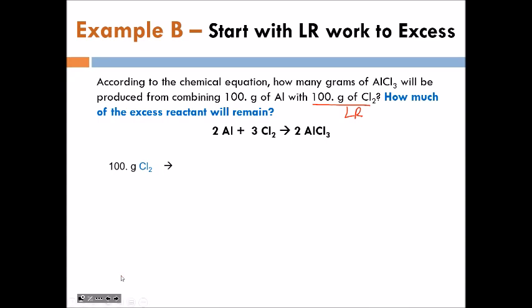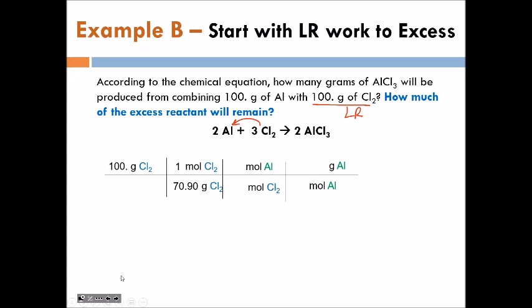Now we're going to work it, stoichiometry. We're going to work the chlorine to the aluminum. As we do so, we change it to moles of chlorine, then moles of aluminum, then grams of aluminum. Set up the T-chart, set up your canceling. Now we're going to insert the conversion factors.